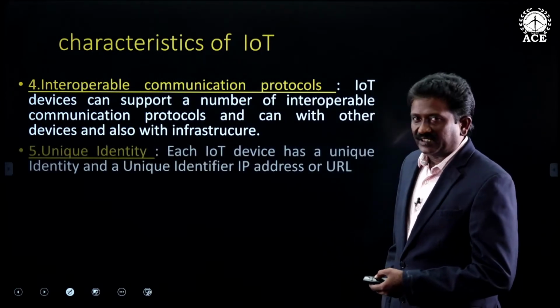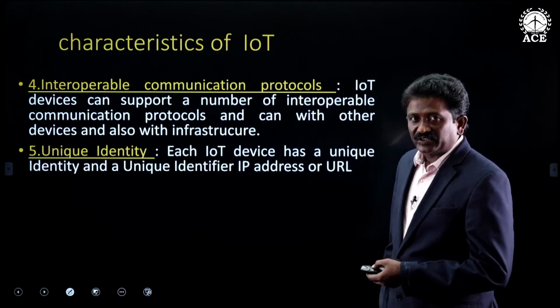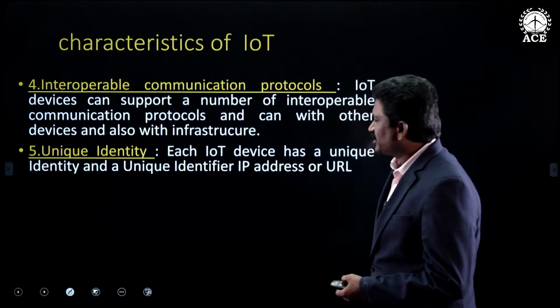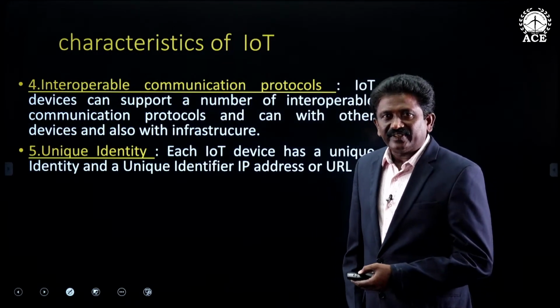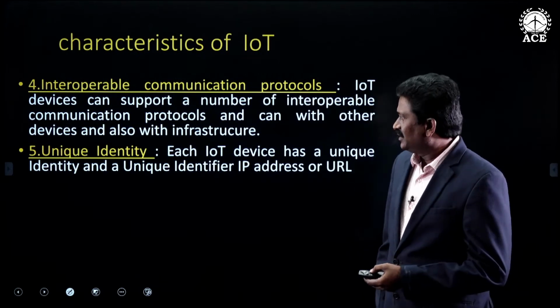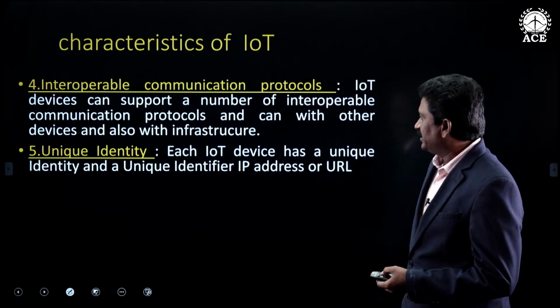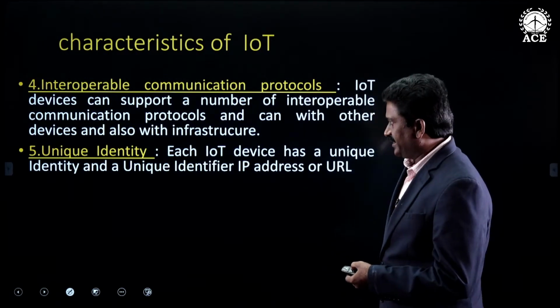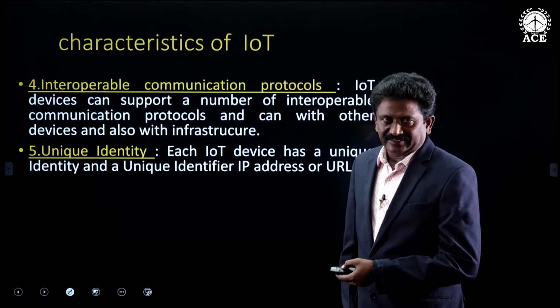With these types of protocols, we are able to run IoT devices. Next, unique identity. Every IoT device has an IP address or URL. With the help of that IP address and URL, you are able to identify the device.